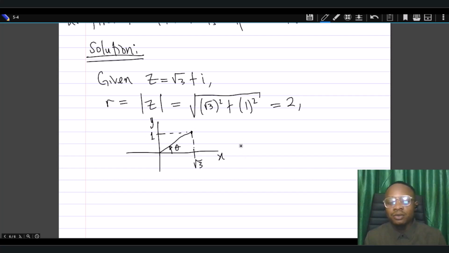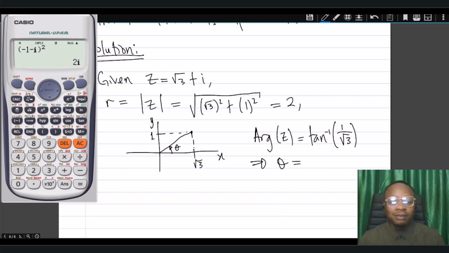So right here, the argument of the given complex number z is simply equal to the tan inverse of y, which is 1, divided by x, which is root 3. With this, we can get our angle theta, which is the argument of the complex number. So let's see what that tells us.